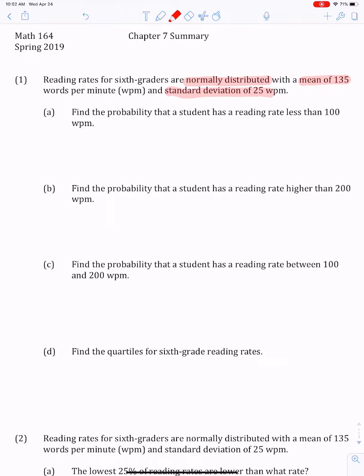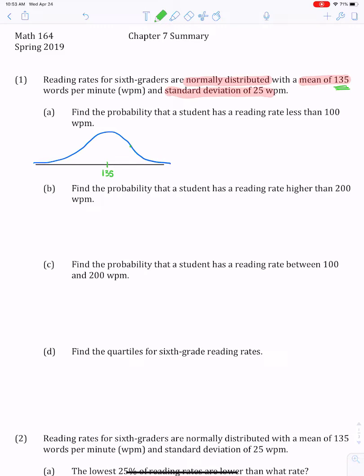So if I were to draw a picture of a bell-shaped curve, it would look something like this. First, I would start off by making a horizontal line, like an x-axis. Then I will draw something that looks sort of speed bump-like. Then right down the middle, I will write the mean. Now it says the mean was 135, so right down the middle is 135.